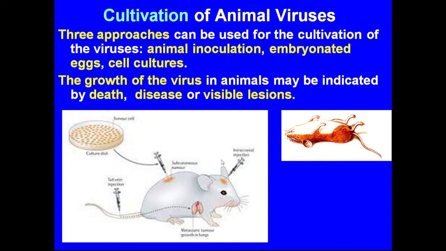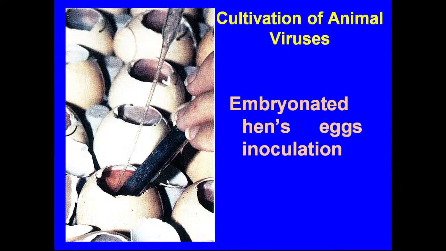Usually the animal may demonstrate the disease or symptoms of the disease, or some visible lesions, for example, or we may see it by the death of the animal. But we usually use susceptible animals, those that can be infected with this type of virus.